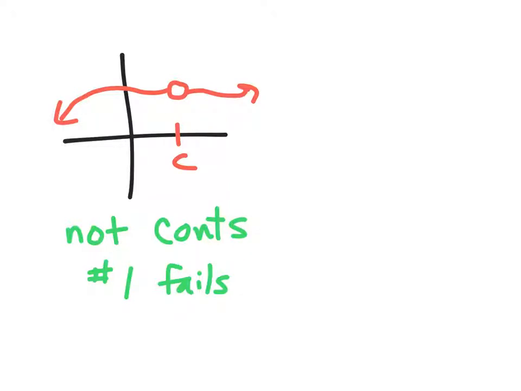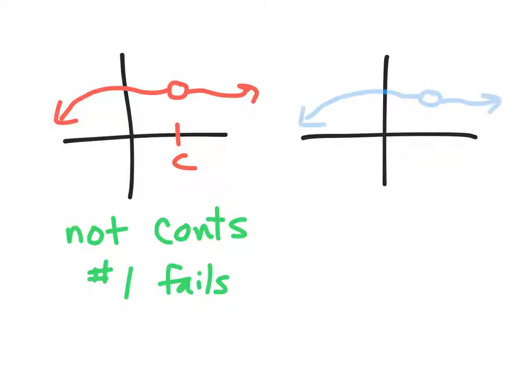Here's another example. Let's say I have a function that comes in and it does something like this. It's connected with a hole, just like I had on the previous example, but my point actually is up here at x equals c.